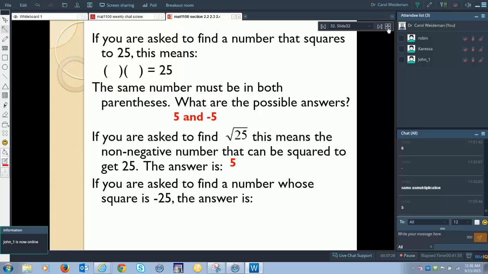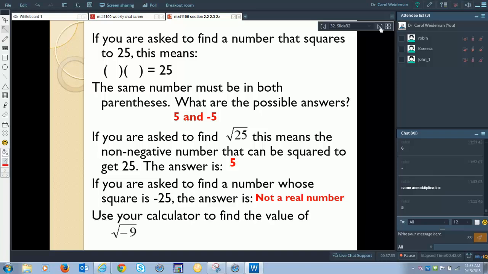No. Well, there is a number, but it's not a real number. And we're not going to deal with non-real numbers in here. To show to yourself, take your calculator and try to find the square root of negative 9. No, John, negative 5 doesn't work, because if you multiply negative 5 times negative 5, you get positive 25.